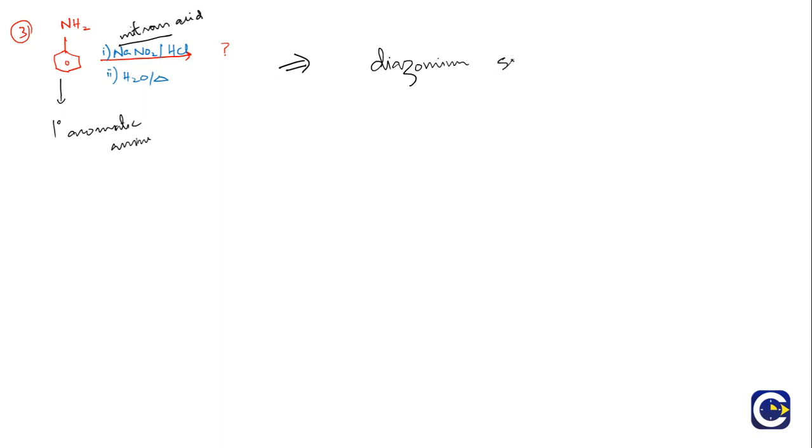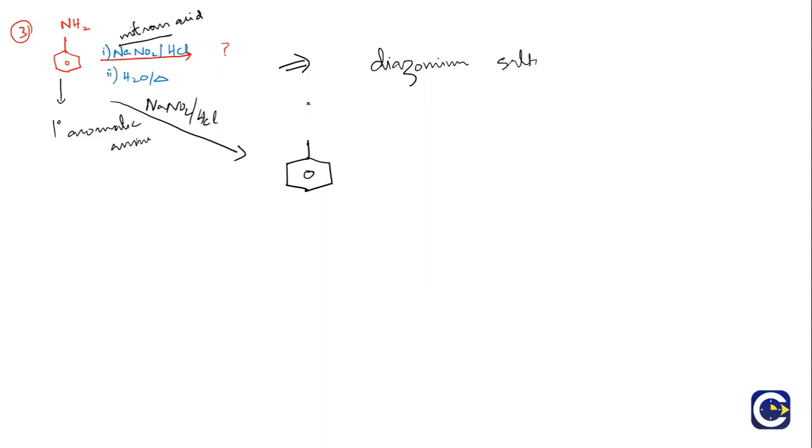In the first step, when this primary aromatic amine reacts with nitrous acid, we get the intermediate product, the diazonium salt. Actually the diazonium salt is hydrolyzed to phenols, but here we are first preparing the diazonium salt by reacting the primary aromatic amine with nitrous acid.